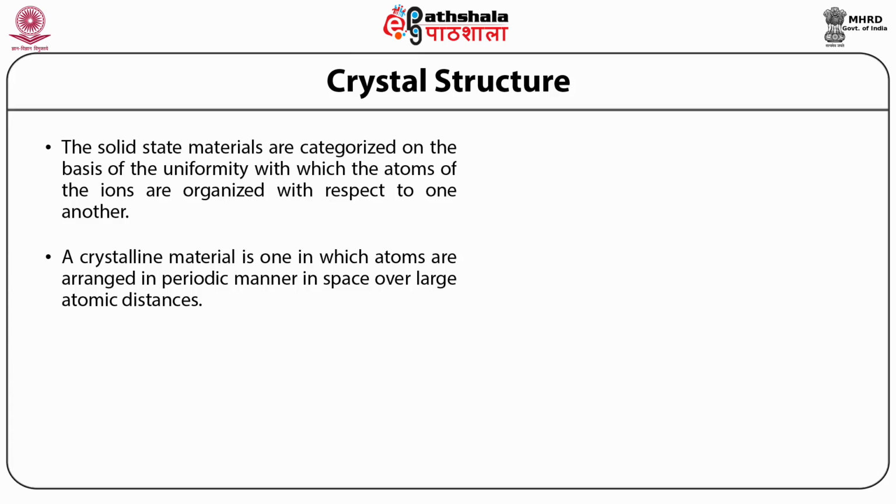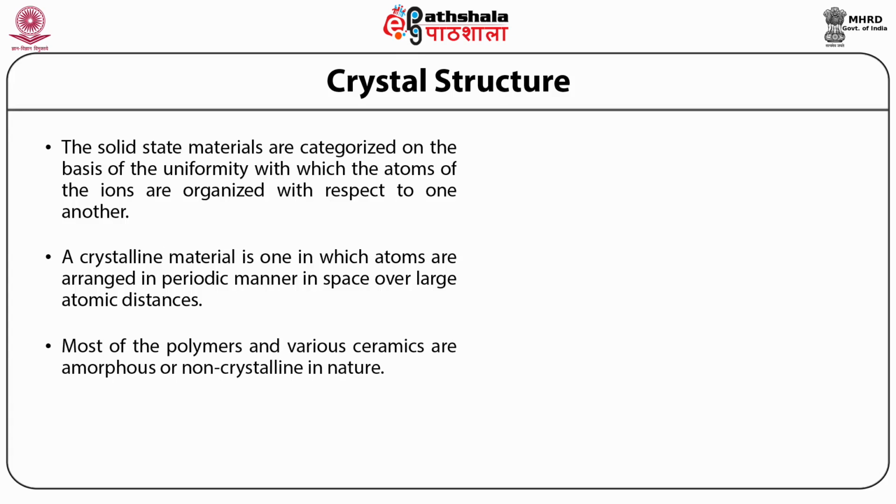All metals, various ceramics, and a few polymers show crystalline structure. The non-crystalline or amorphous material is one in which the atomic arrangement has no periodicity, or long-range atomic order is absent. Most polymers and various ceramics are amorphous or non-crystalline in nature.